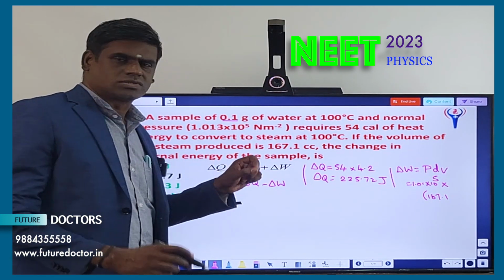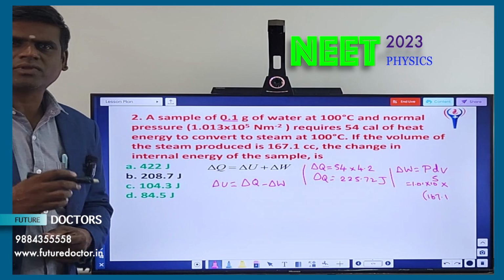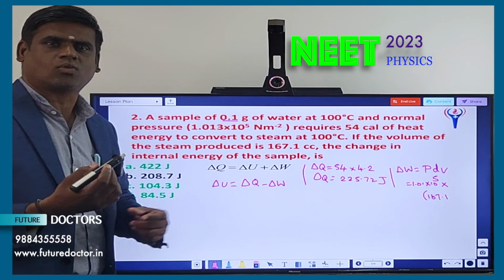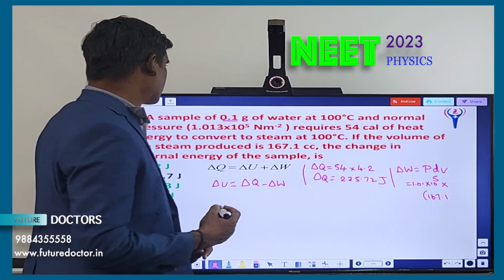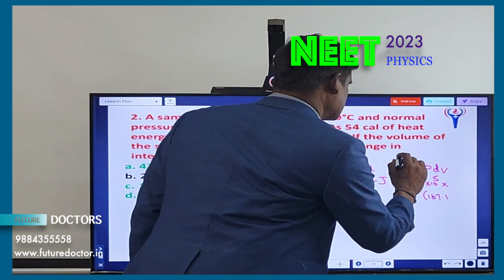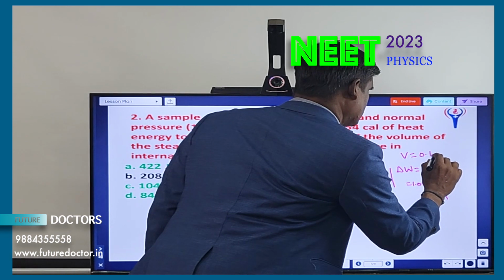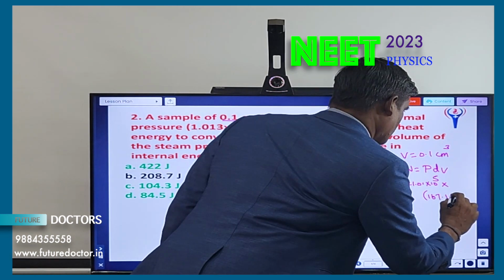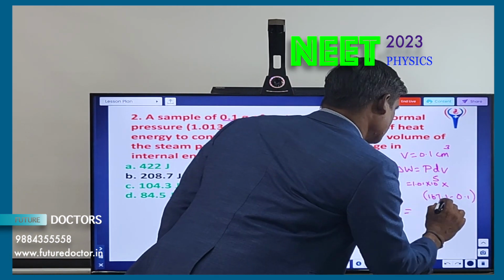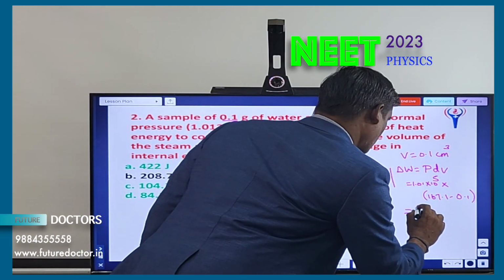For water, suppose the mass is 0.1 gram, then its volume is 0.1 cc. So directly you can write V equal to 0.1 cm³, then 167.1 minus 0.1 gives 167.